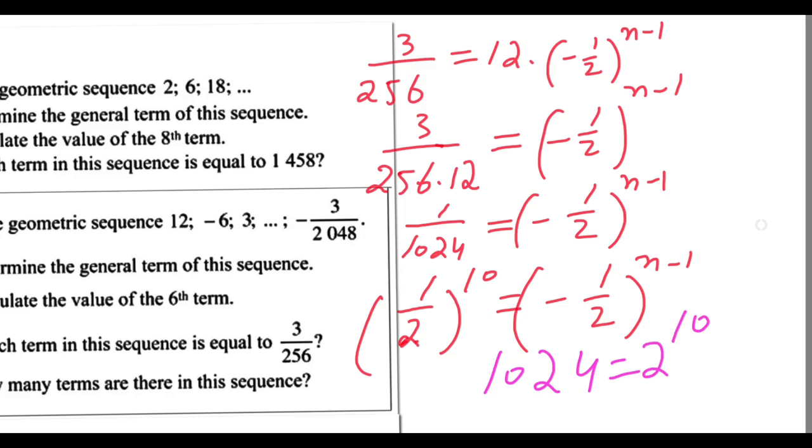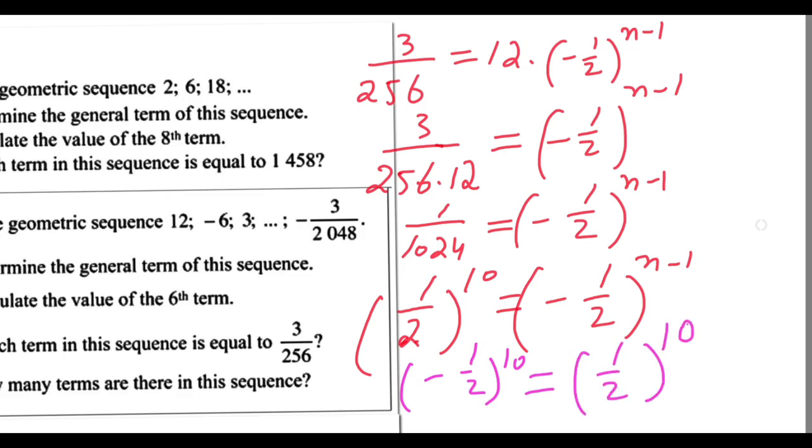So the exponent is even. So the result will be positive. So therefore, if I write negative 1 over 2 power 10 is equal to 1 over 2 power 10, they are the same.